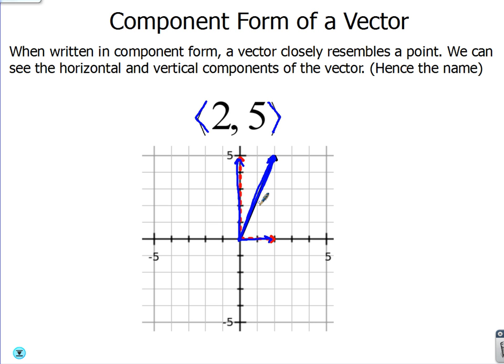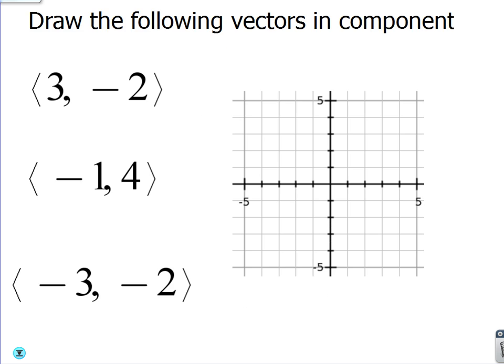If the force is being applied in this direction, some of your pulling power is going this direction, but actually the majority of your pulling power is going this direction. You can break it apart into two components, and that's the reason we call it component form.